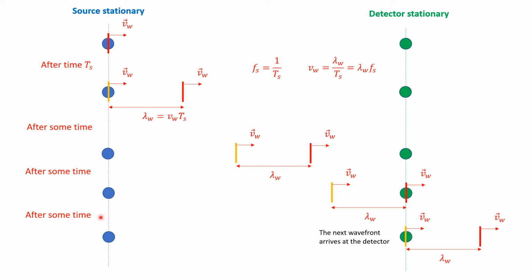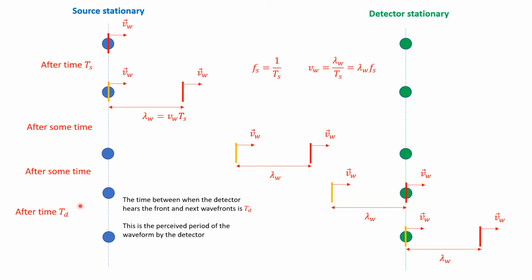And so this time that we waited is basically the period that the detector perceives between successive wavefronts hitting it. So it's the time between when the first wavefront hit it and the second one hit it. That's what we're going to call T sub D. That's the period that's perceived by the detector.